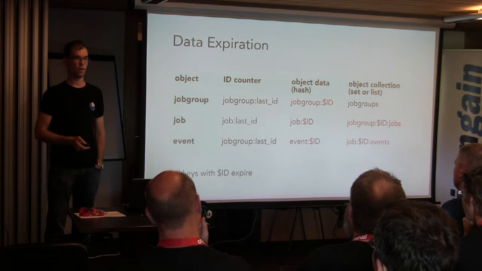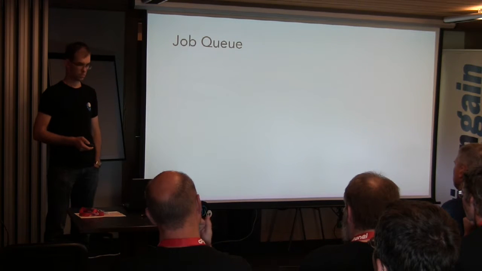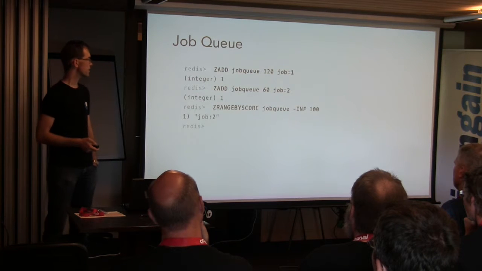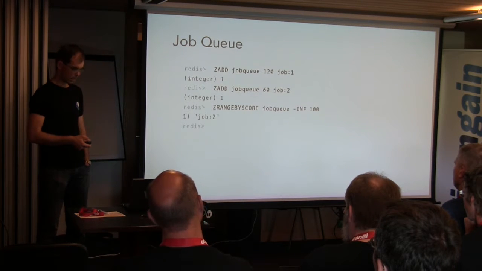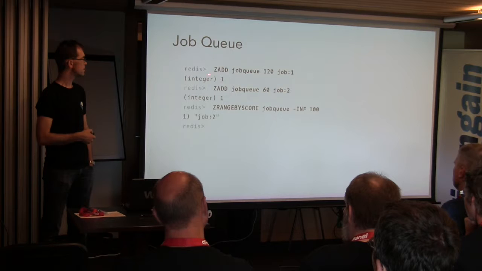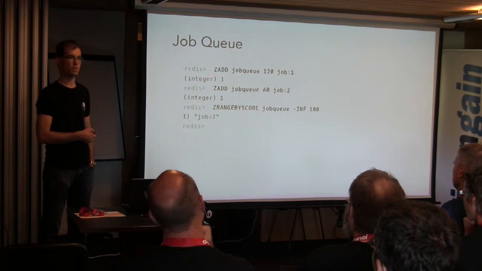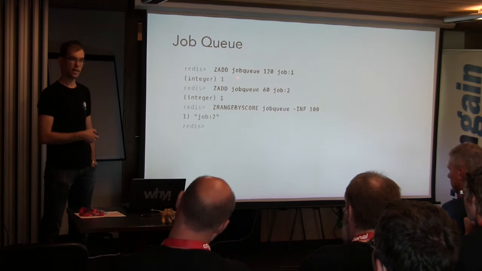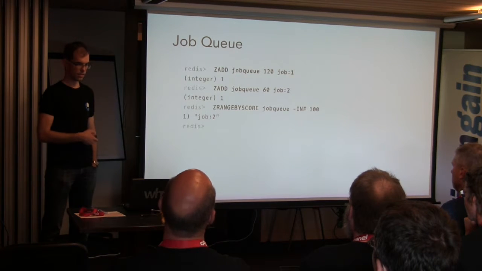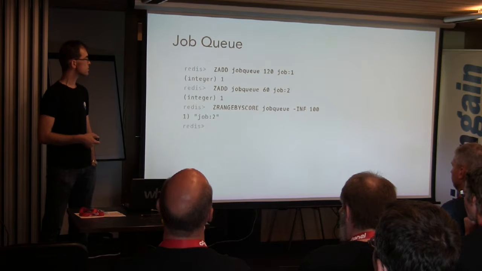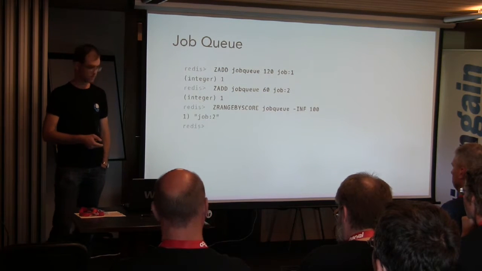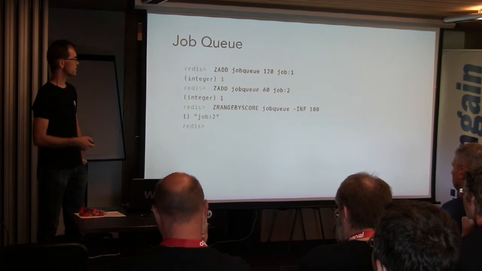So one thing is missing, the job queue. Here I can use a sorted set from Redis. As we see here, the z is used to prefix all the commands for sorted sets. Here I add the first job into a job queue, which is supposed to be run at the time 120.